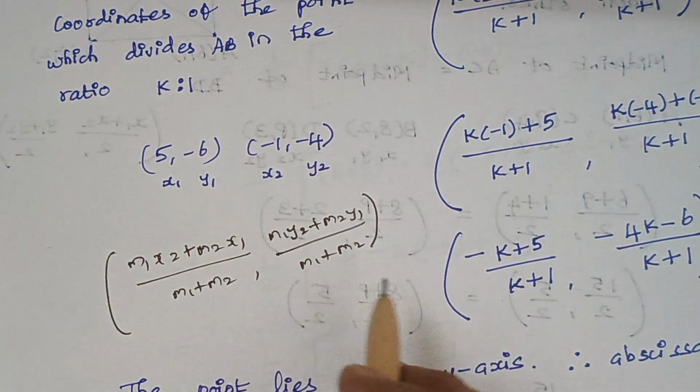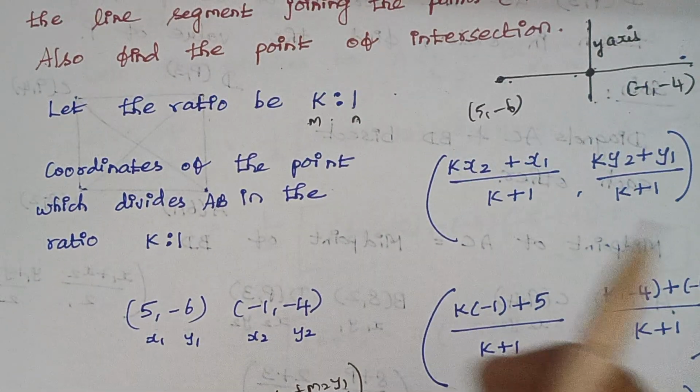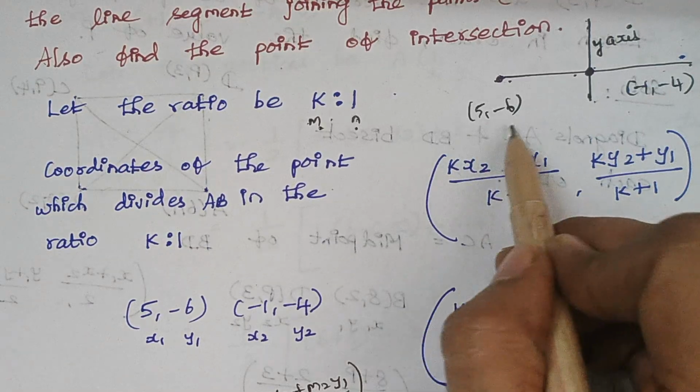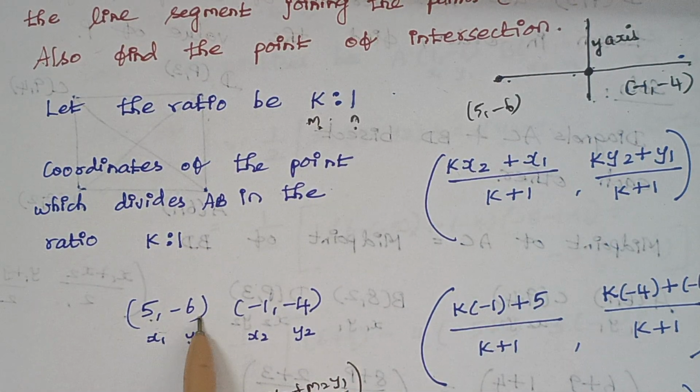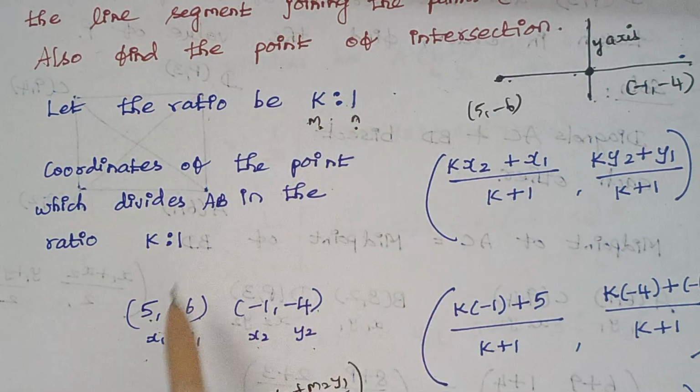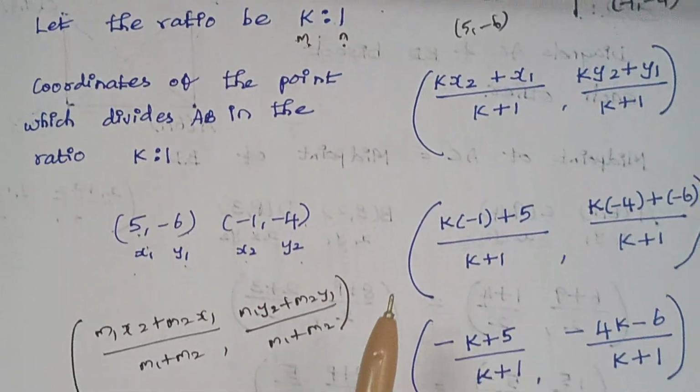This is the formula. So here in this case, you see this k is to 1 denotes m and n, and here 5 comma minus 6 is x1 y1 and minus 1 minus 4 denotes x2 y2, right? So now I am going to substitute these values in this formula, right?